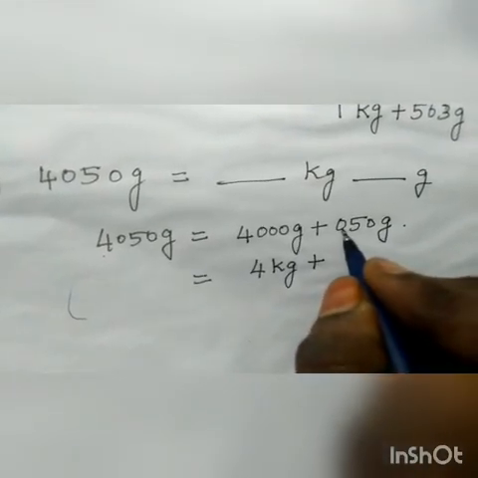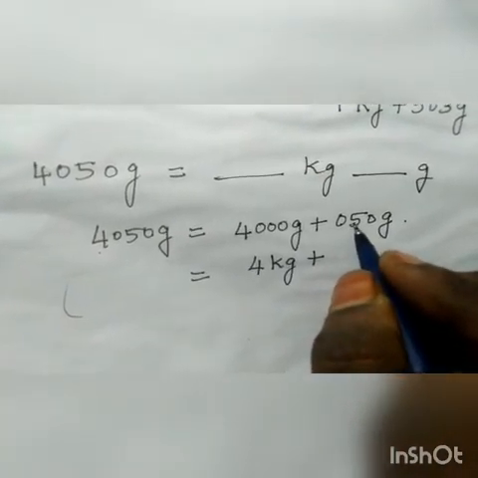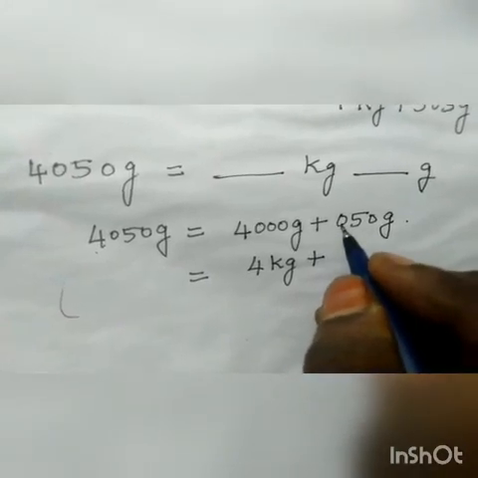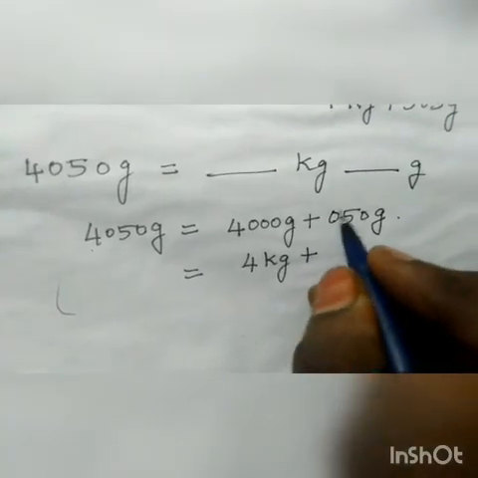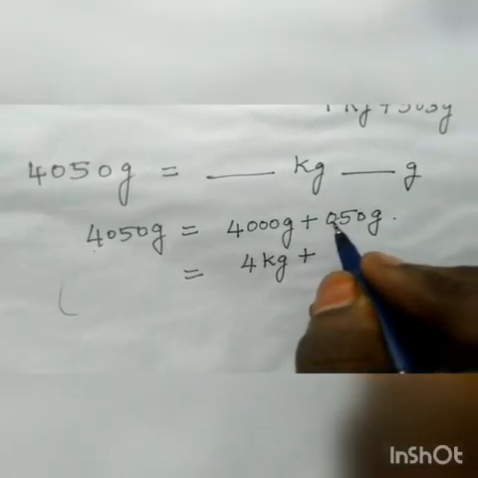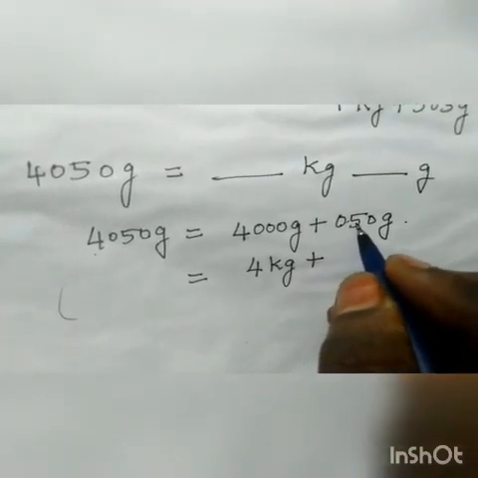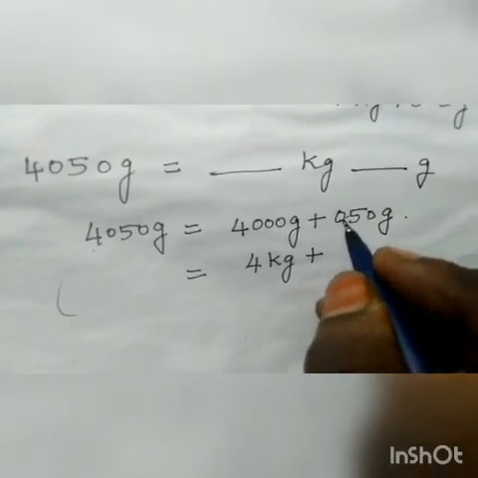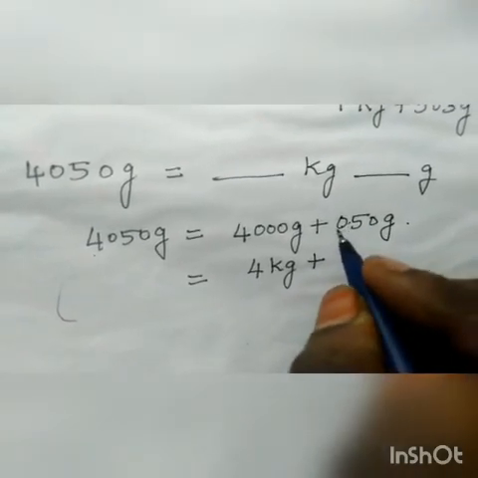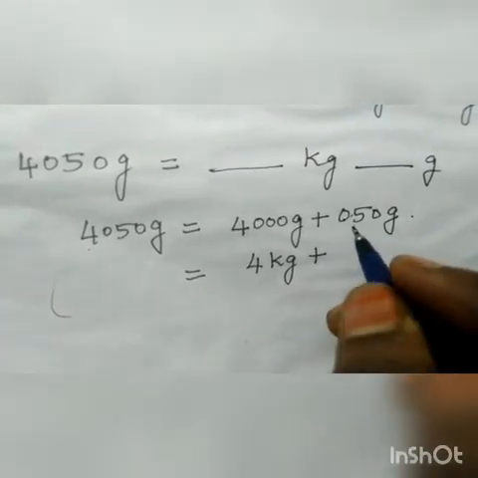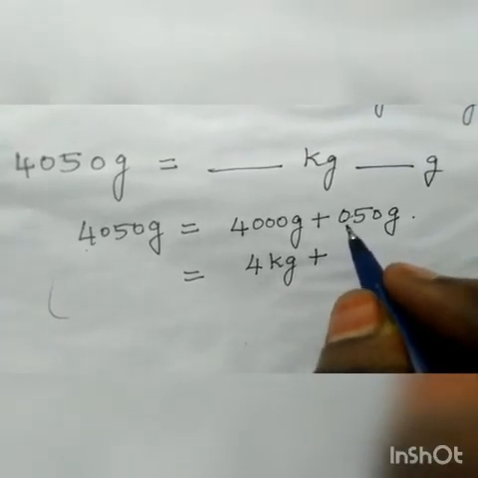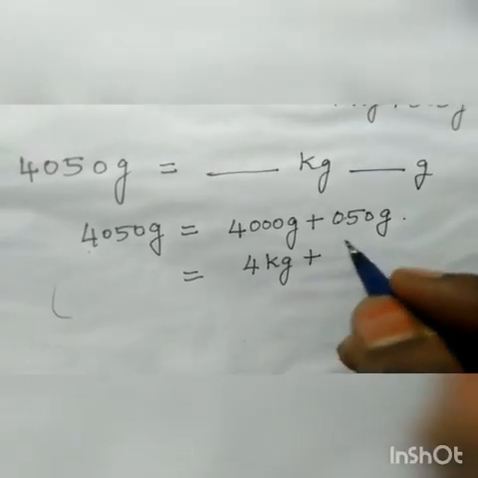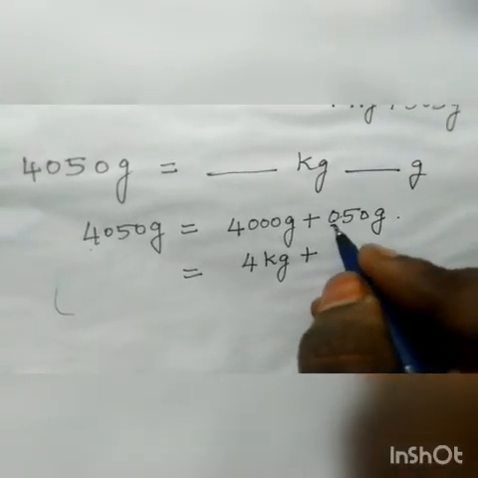plus, if the number starts with 0, that 0 has no value, so we have to omit that 0.